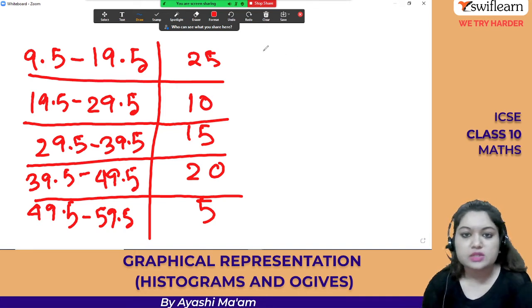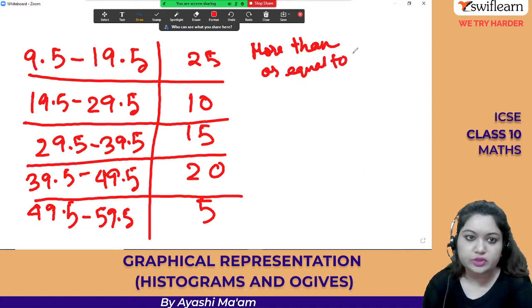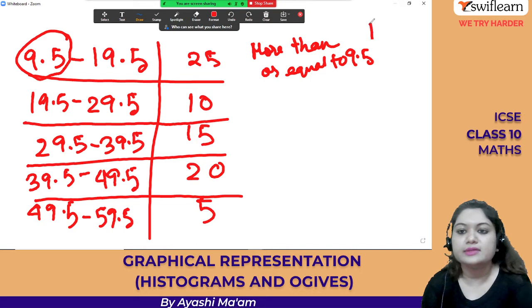Let me see if I can fit it over here. So more than or equal to 9.5, because here we deal with the lower class limit. Remember it like this.